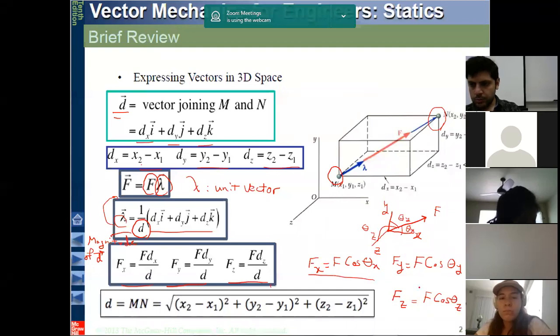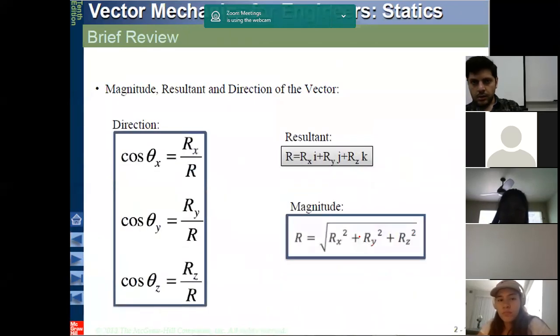So sometimes you don't have the dimensions, so you just need to write the projections using the angles you're given.